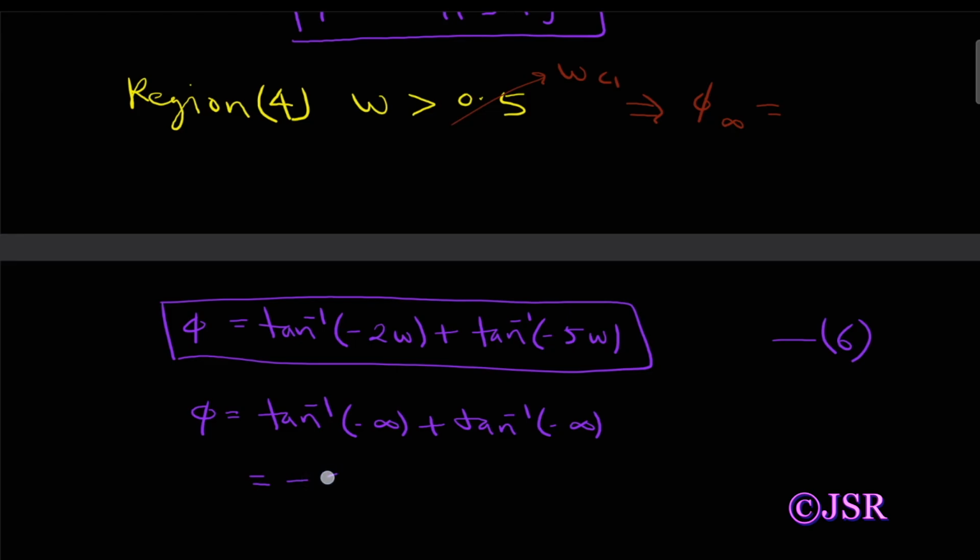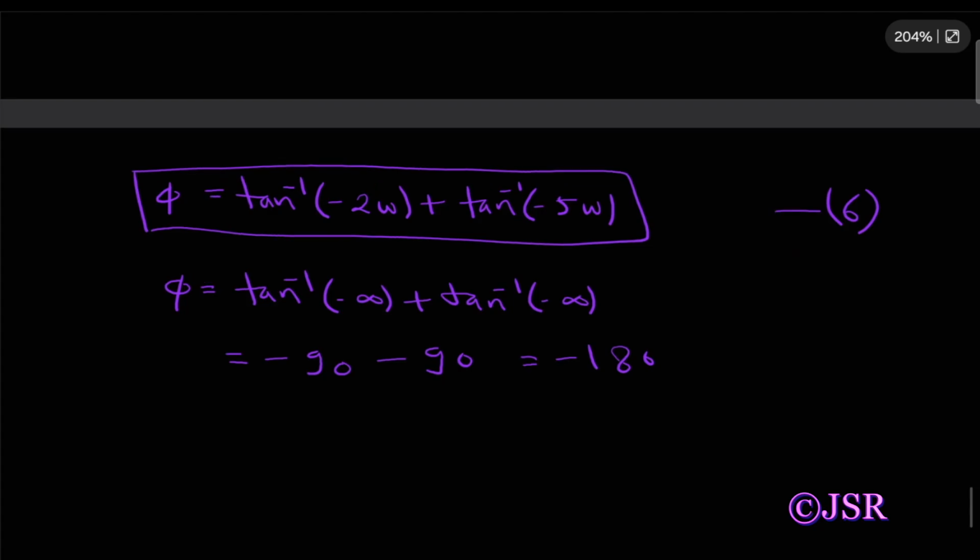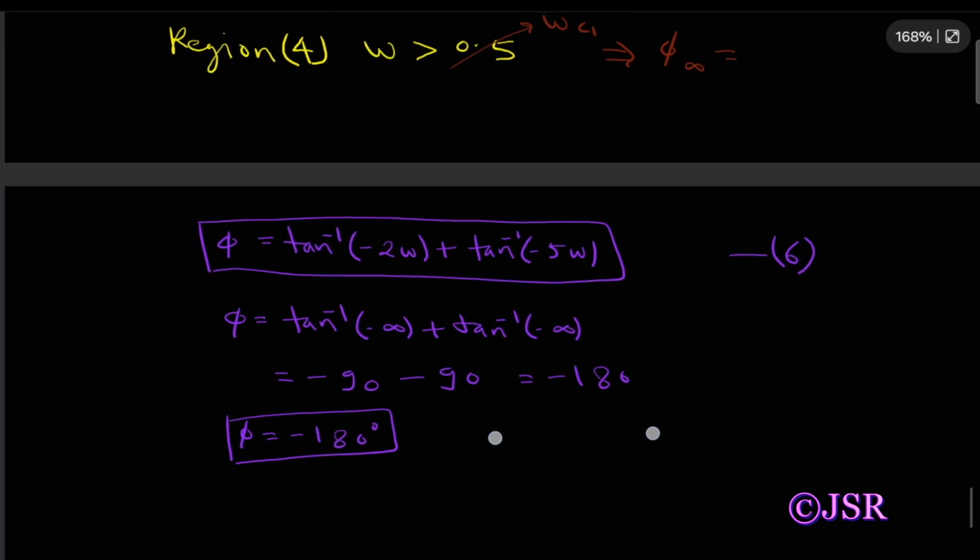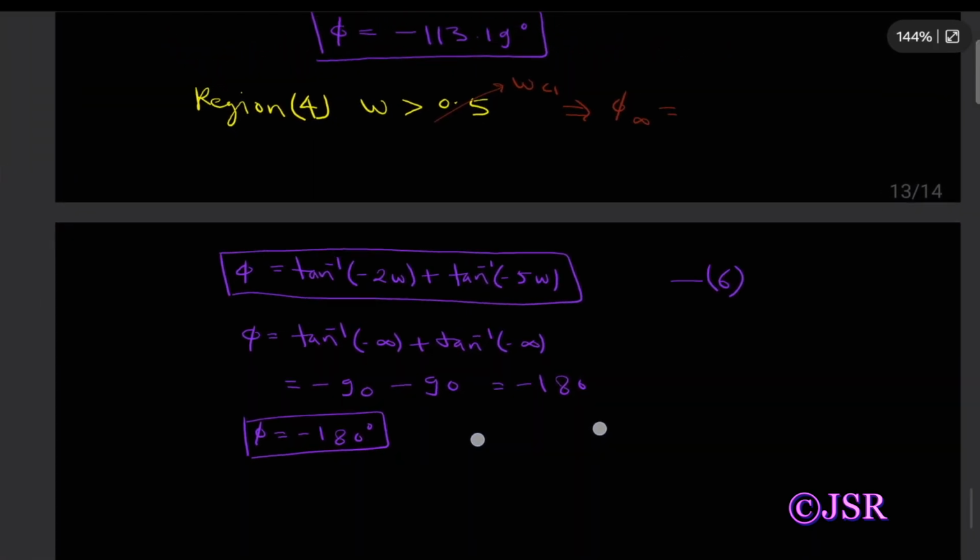This is minus 90, this is minus 90. So we have minus 180. So overall phi will be equal to minus 180 degree when omega is infinity.